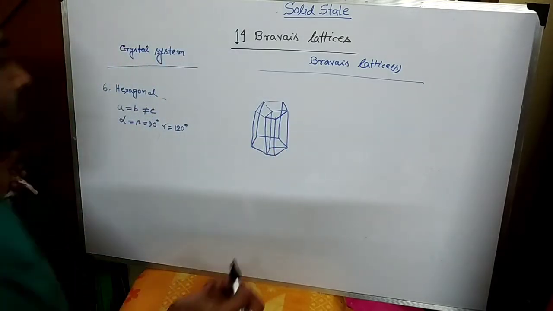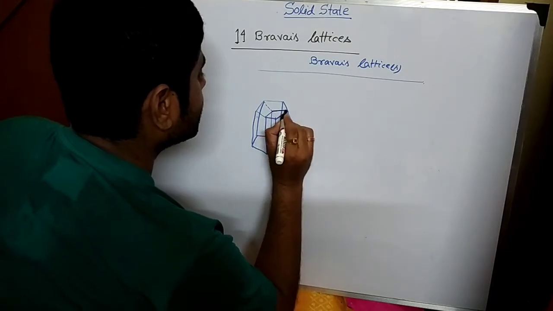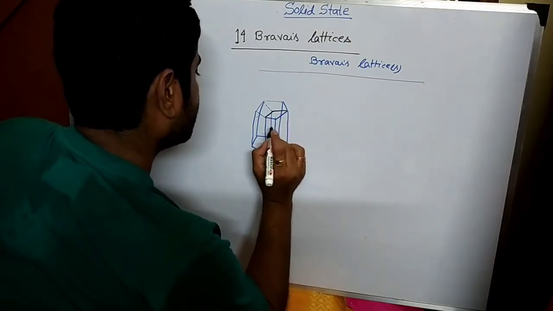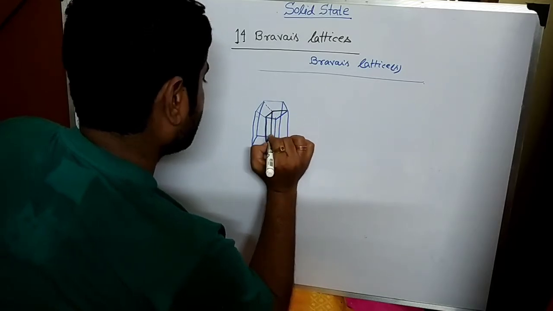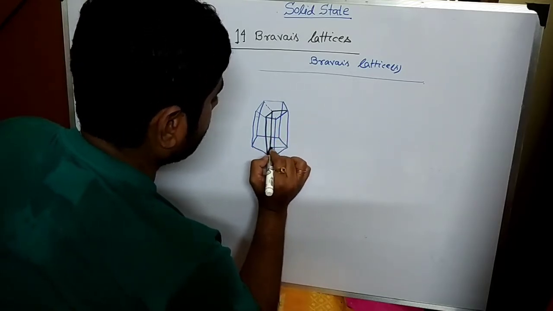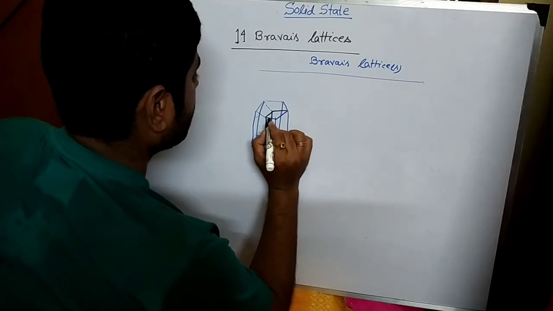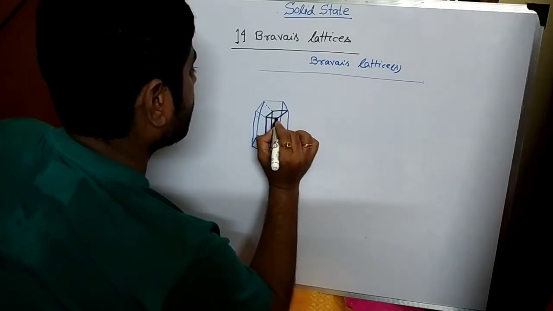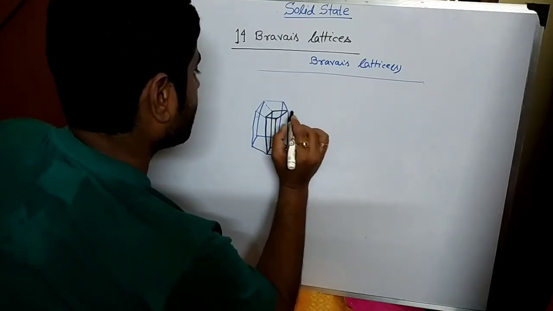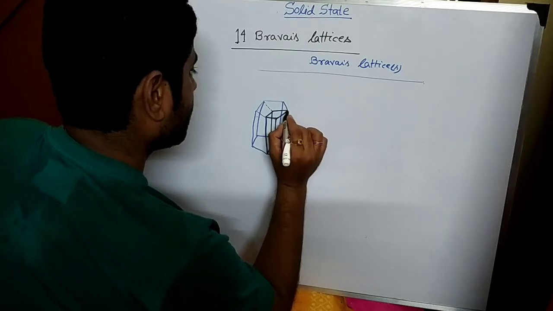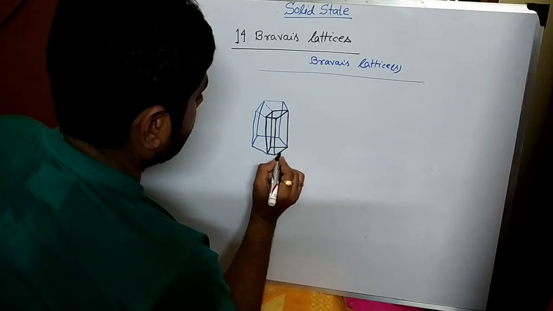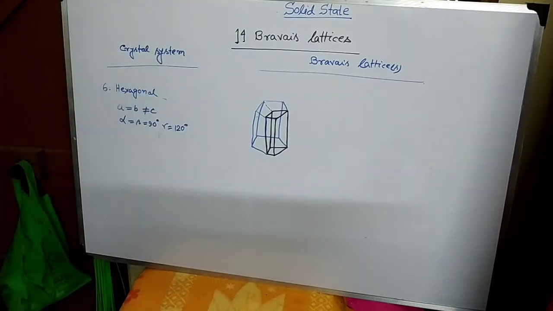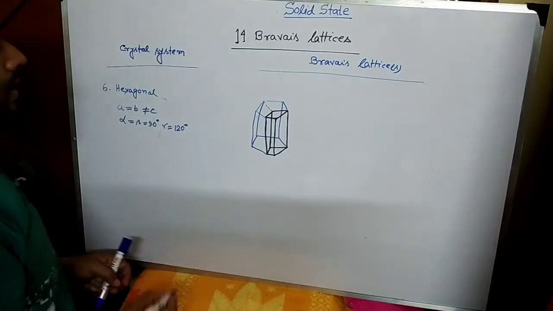So that is the rhombohedral. This is the basic unit, that is the basic unit of rhombohedral.